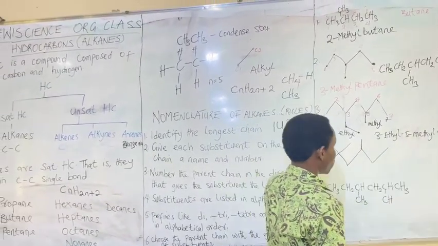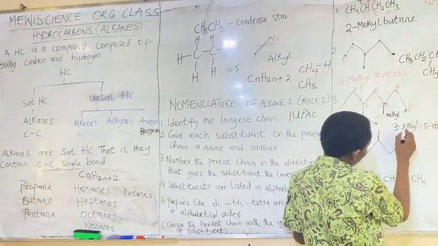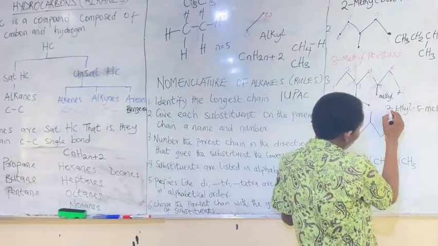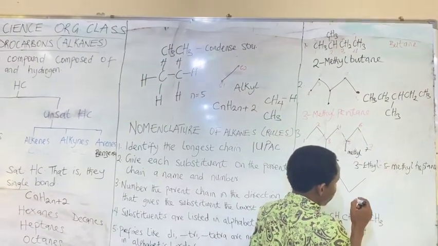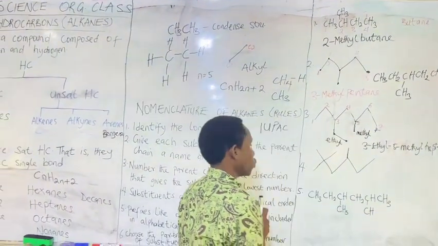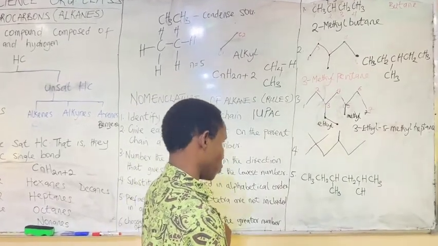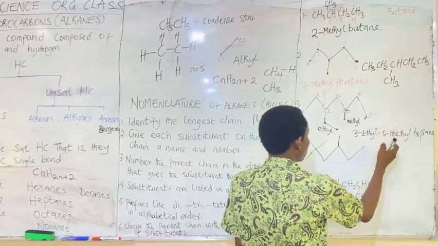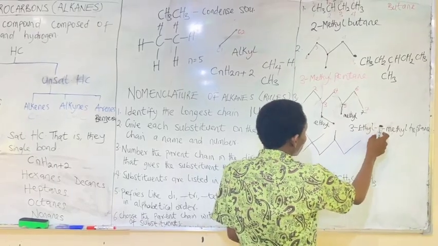There is one thing you have to consider here. The space between a number and a letter, there should be a hyphen there. Never ever make that mistake. Make sure you put your hyphen. So the name will be 3-ethyl-5-methylheptane. The 3-ethyl is coming before the methyl not because of the number, but because E comes before what? M.